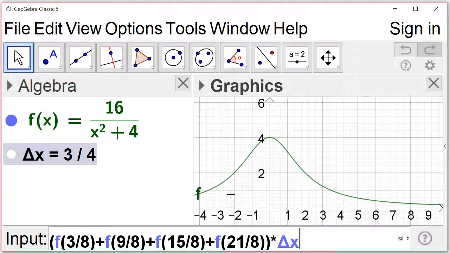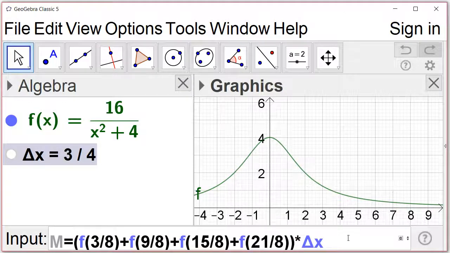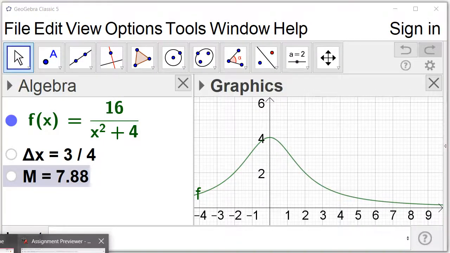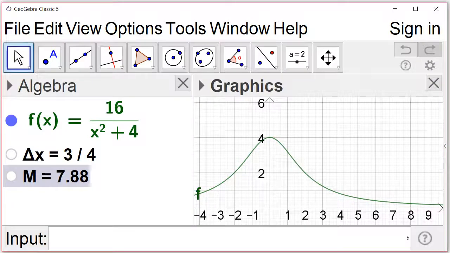If you hit enter, this is the midpoint rule. Let's call this m and hit enter. It came out to be 7.88. Let's see what precision they want. They want 4 decimal places, so we have to change that.